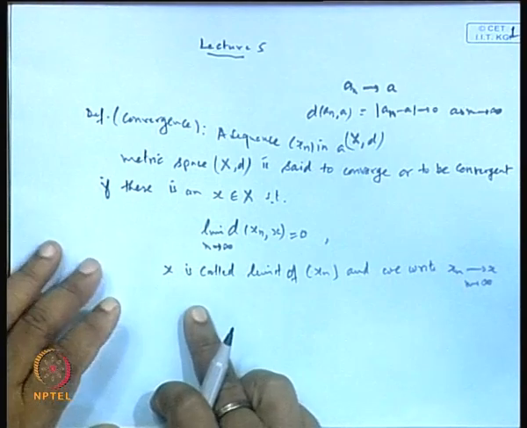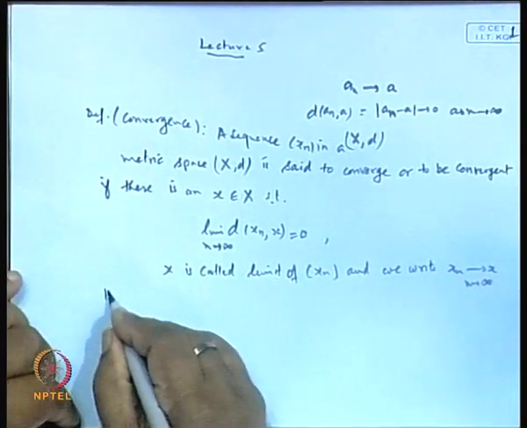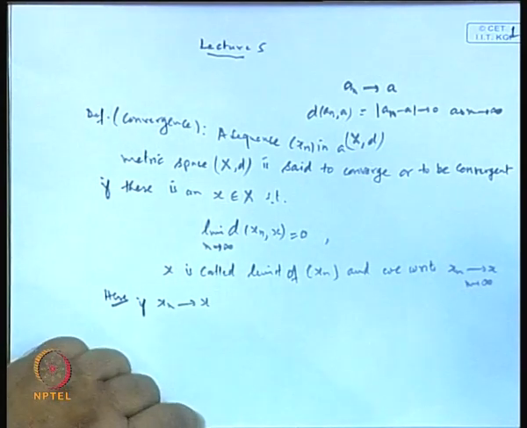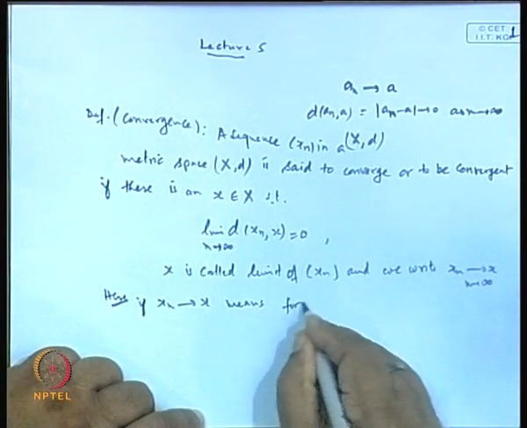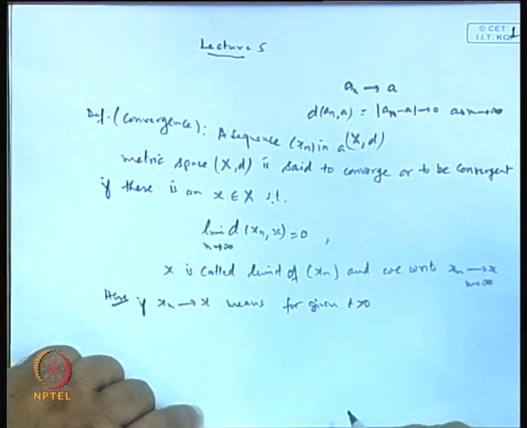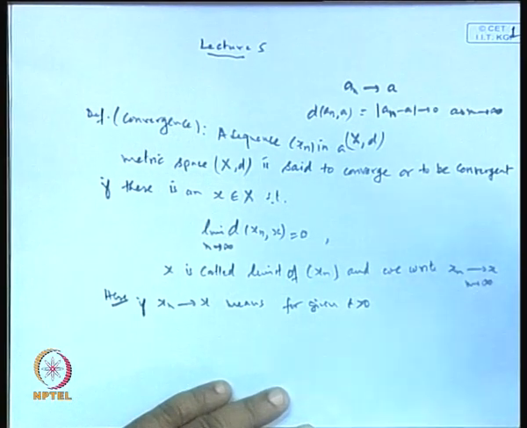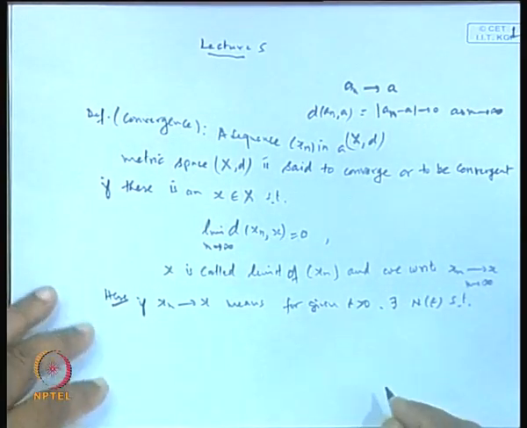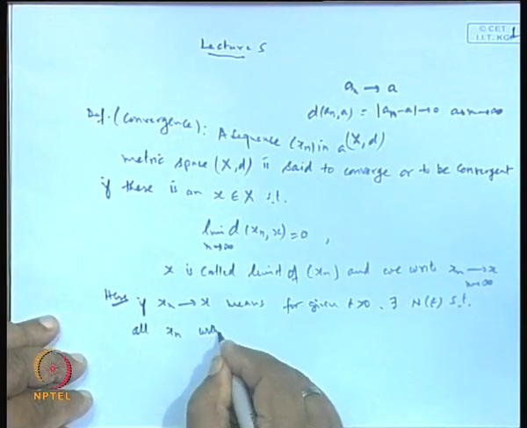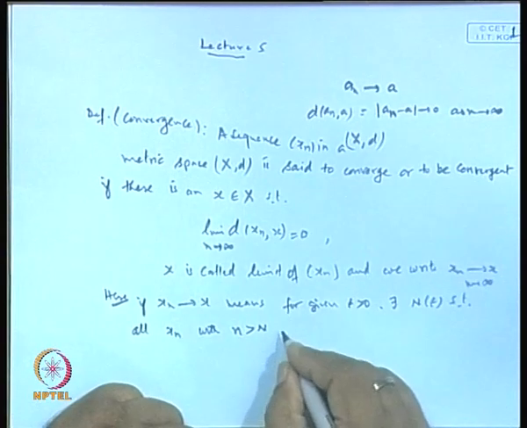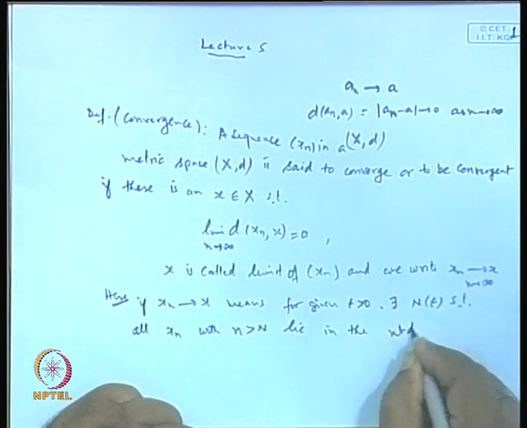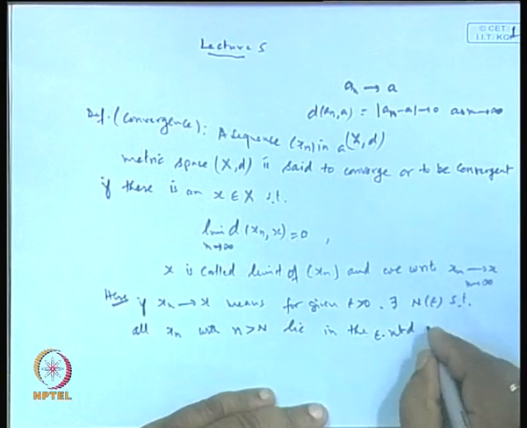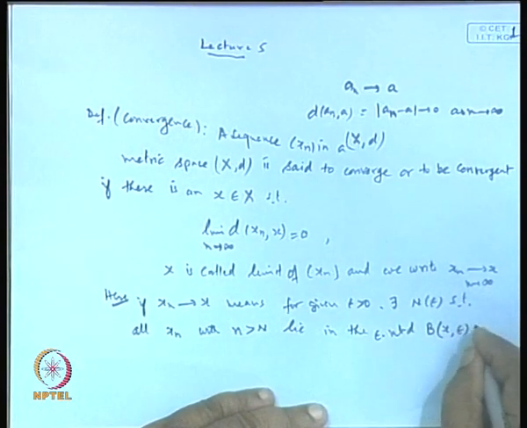Now, when we say x_n converges to x, this means for given epsilon greater than 0, there exists an integer N which depends on epsilon such that all x_n with n greater than N lie in the epsilon neighborhood V(x, epsilon) of x.